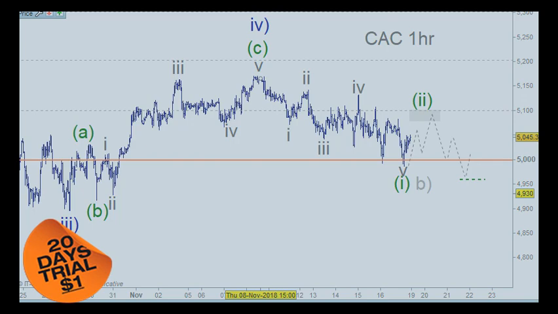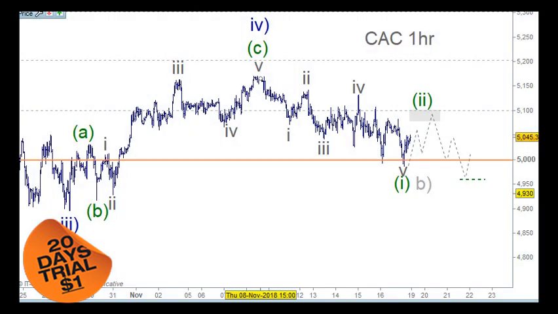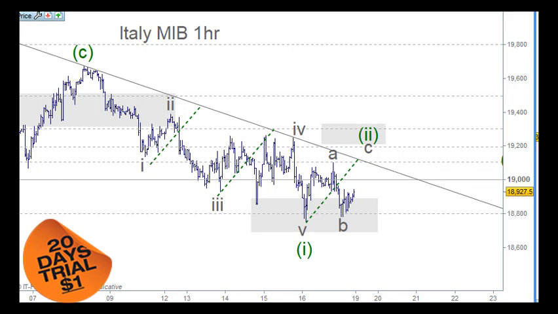And also Italy too. We've already been short on Italy, on the MIB. So in this case here, it's quite good because normally when you see this come down here, this has moved quite freely down here, hasn't it? And this has moved freely, and then this gets all congested within here.